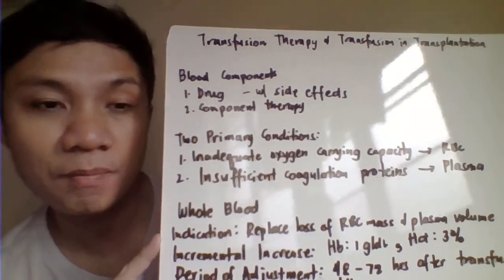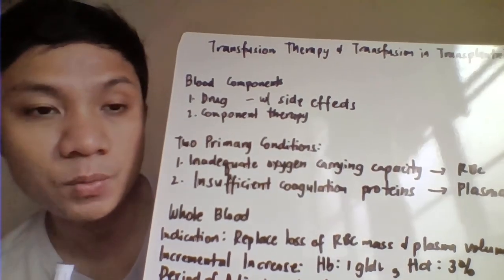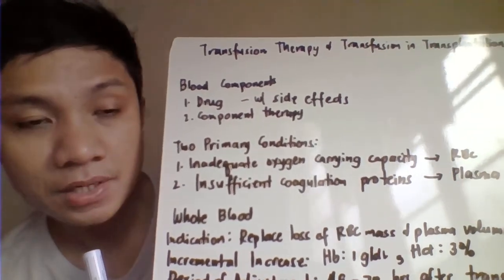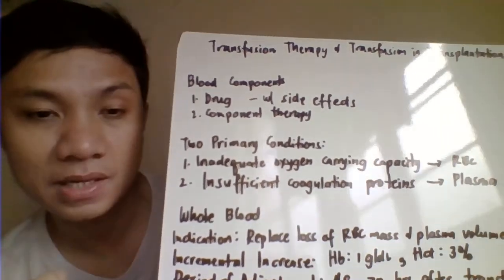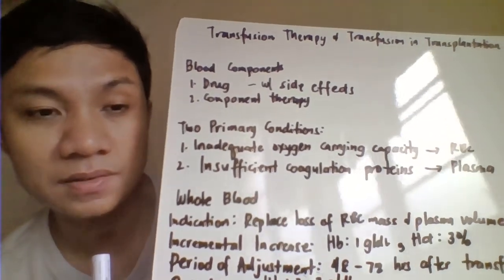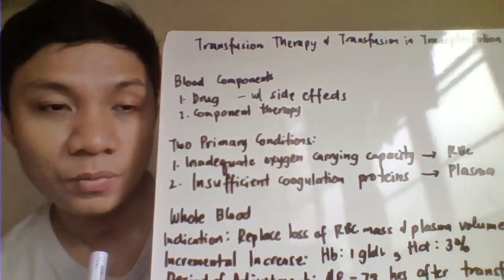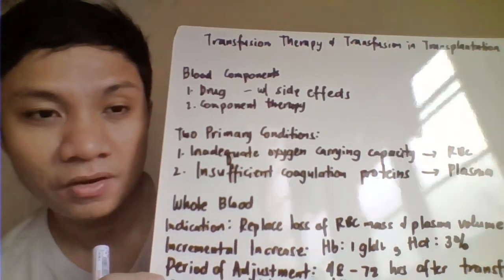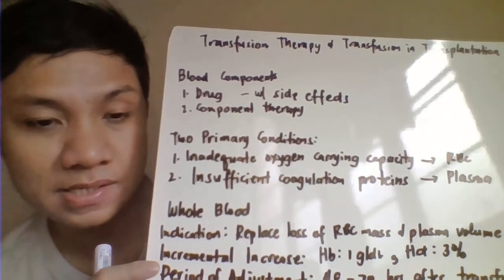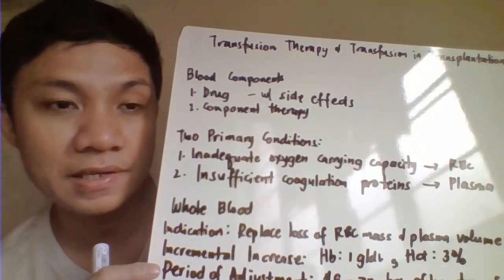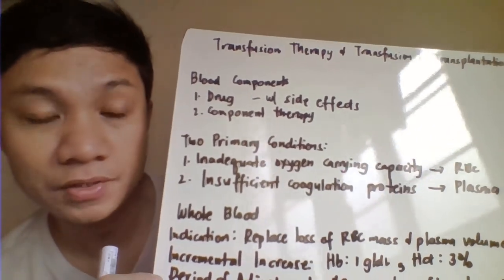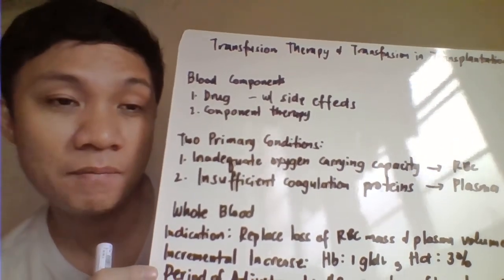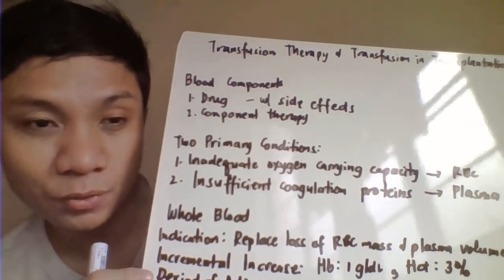So our blood component therapy, or blood transfusion with a component of the blood, we consider just like our drugs or medication. Just like drugs, which we use primarily to treat a particular disease, transfusion therapy with blood components also tries to correct problems related to blood disorders.